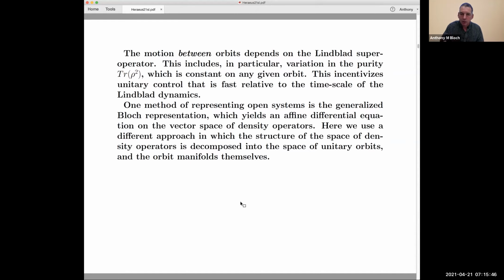So in particular, you can change the purity of the system, trace rho squared, rho being the density operator, which is constant on any orbit. And that's the idea I'm going to look at here. We're going to look at the interplay between being on an orbit in a Hamiltonian setting and how you use the controls, which are also Hamiltonian, plus the Lindblad terms to move around.